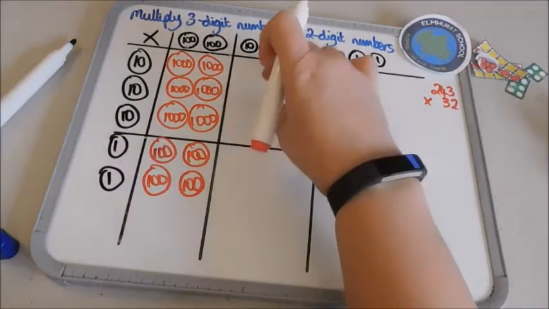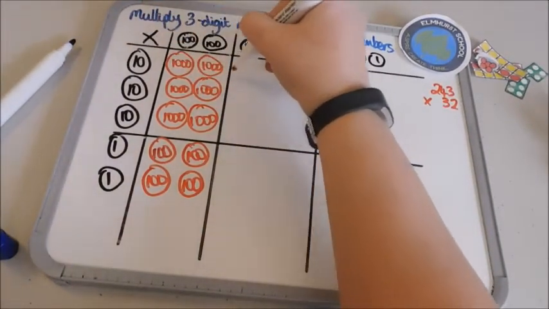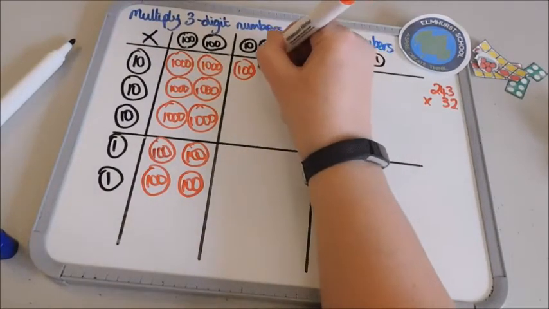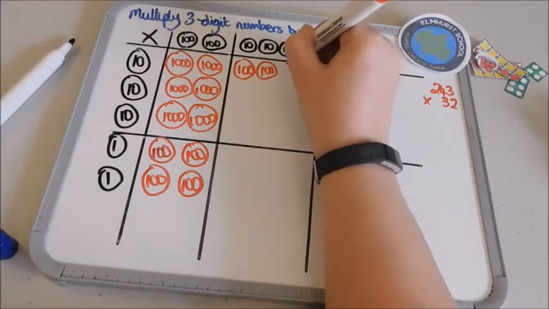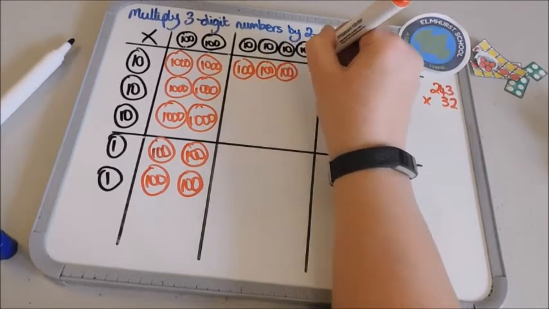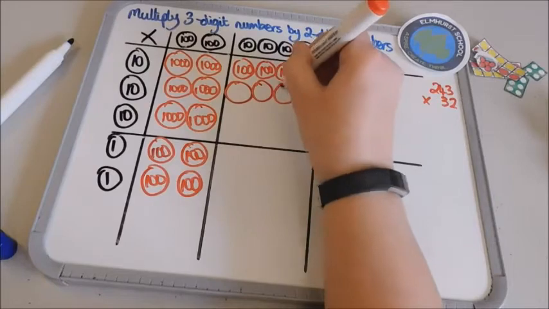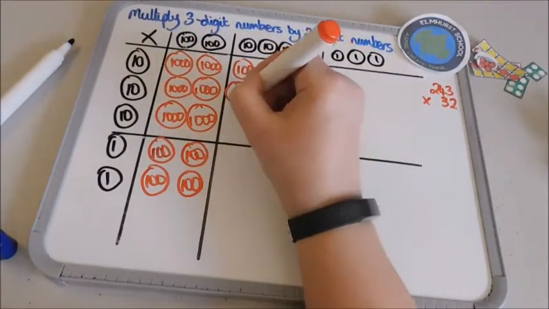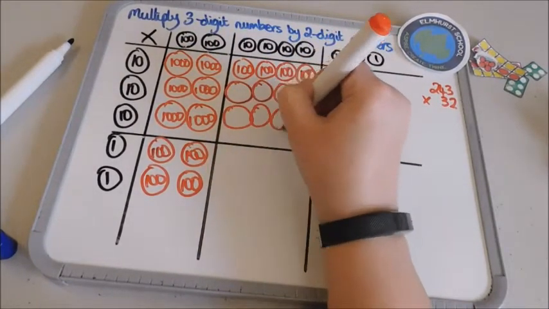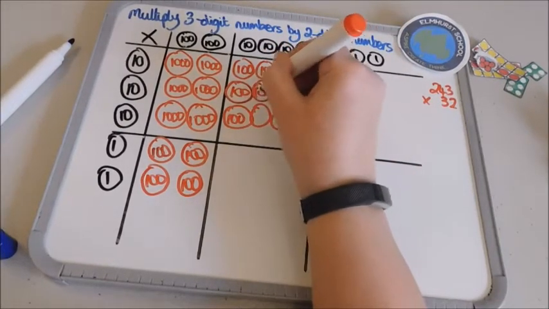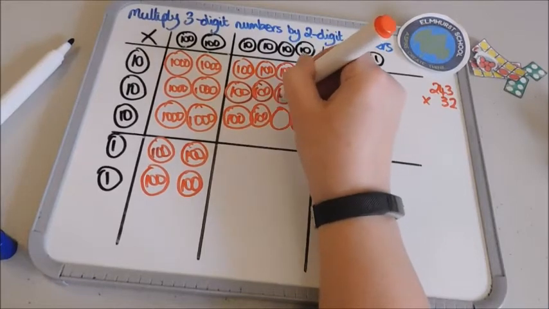Now move on to this grid. 10 times 10 is 100, and 10 times 10 is 100. Your children will soon start to see that that whole grid is all 10 times 10s, so all of these are going to be 100 counters.